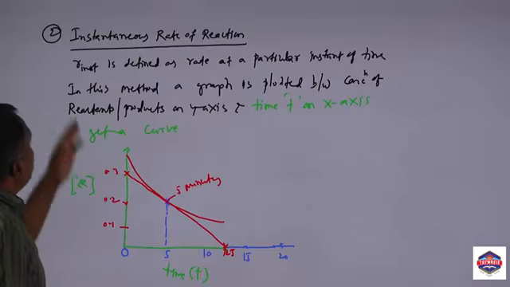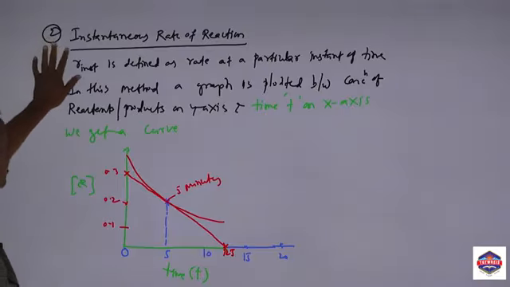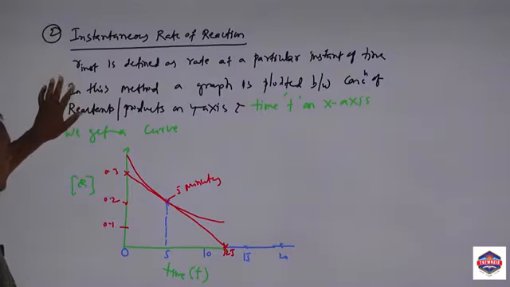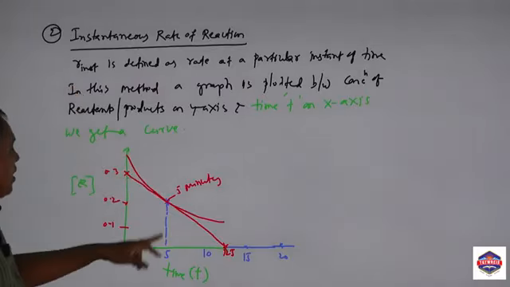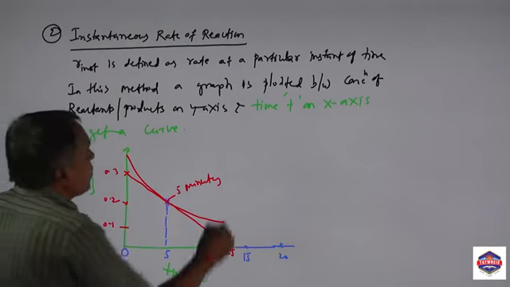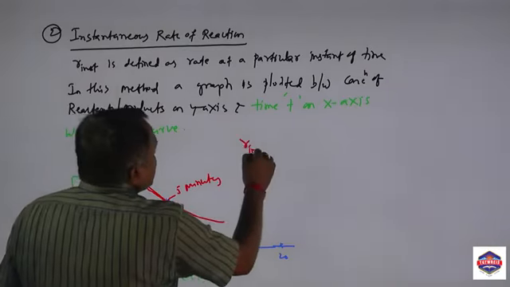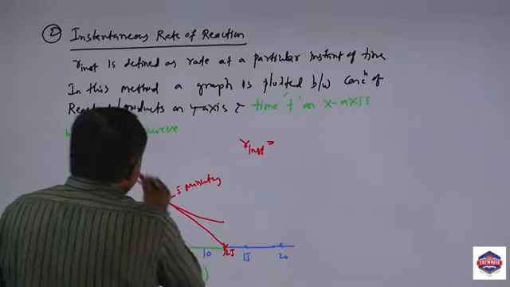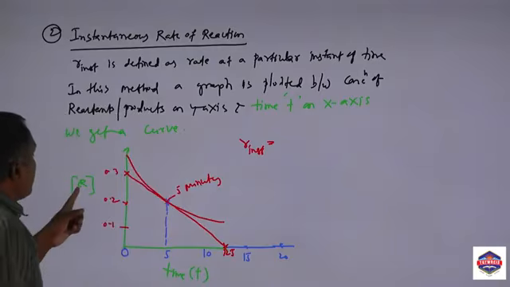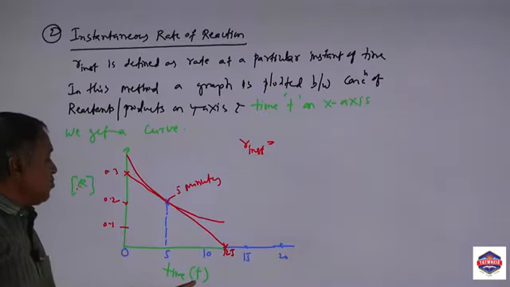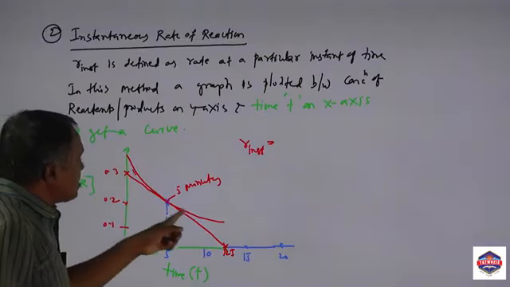So now how can we calculate the instantaneous rate of this particular reaction? R gives P product. At 5 minutes of time, R instantaneous. This is the curve we obtained when a graph is plotted between the concentration of reactants on the y-axis and time t on the x-axis.